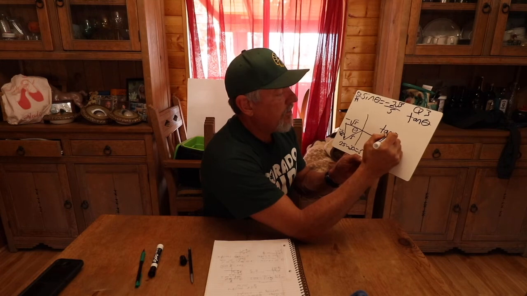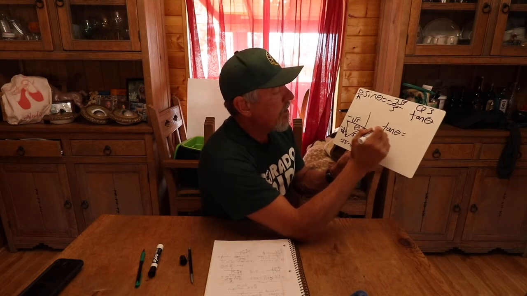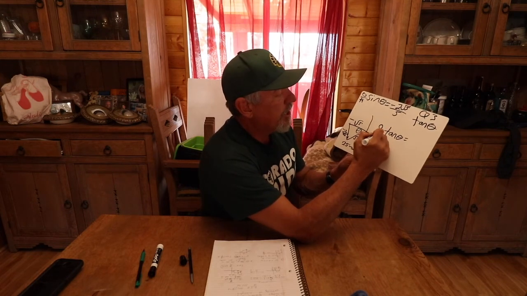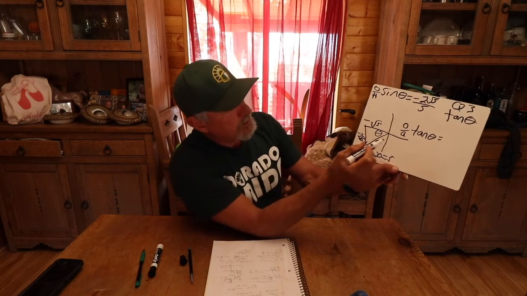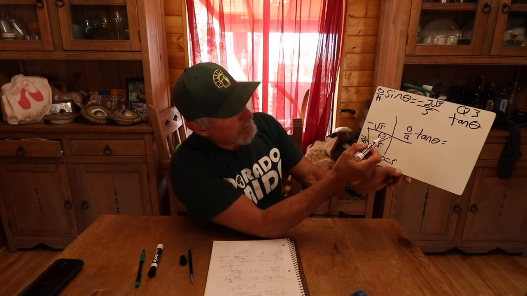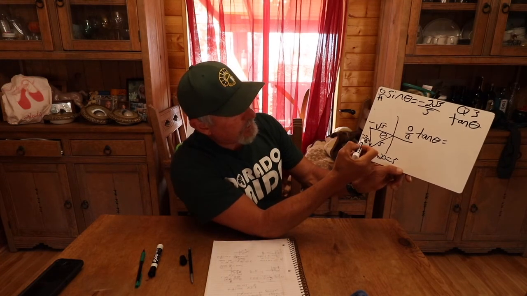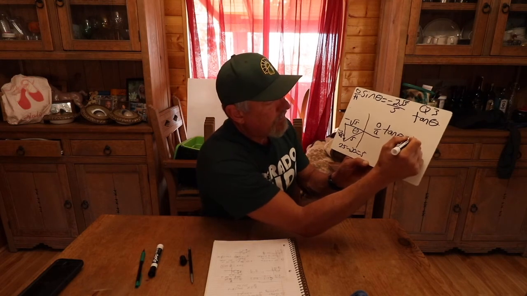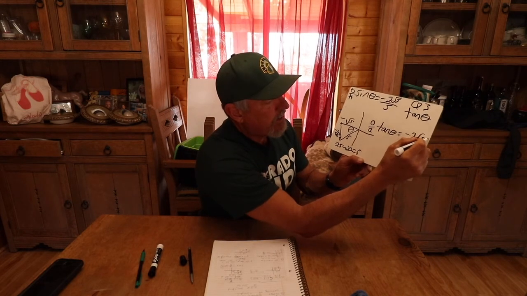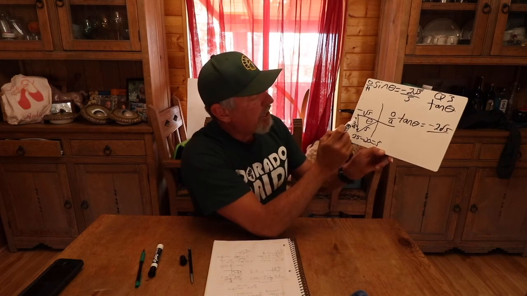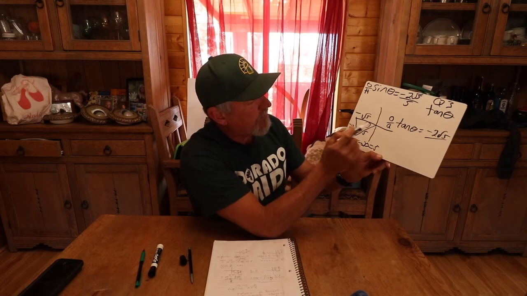The tangent of theta is opposite over adjacent. So I look at my triangle and I look at theta and I go opposite, which is -2 radical 5, and then my adjacent is negative radical 5.